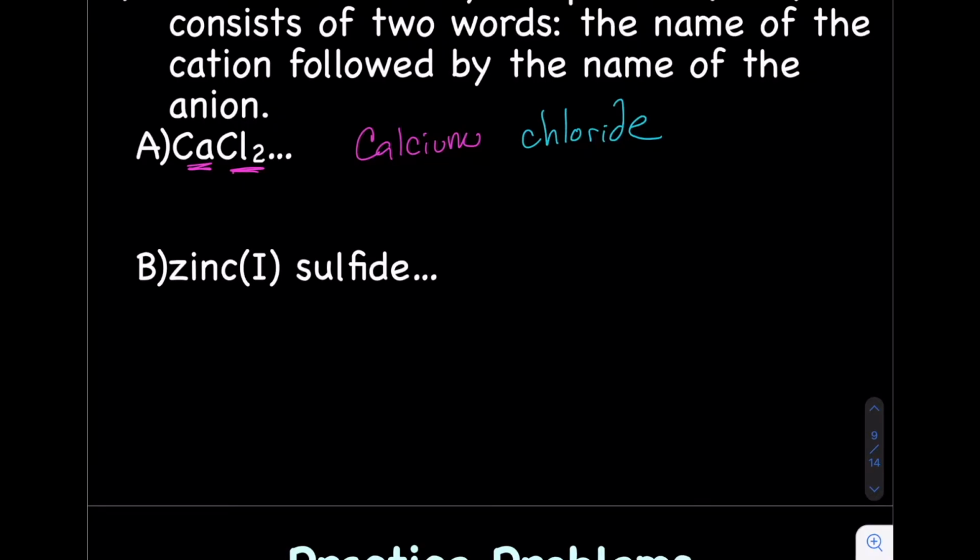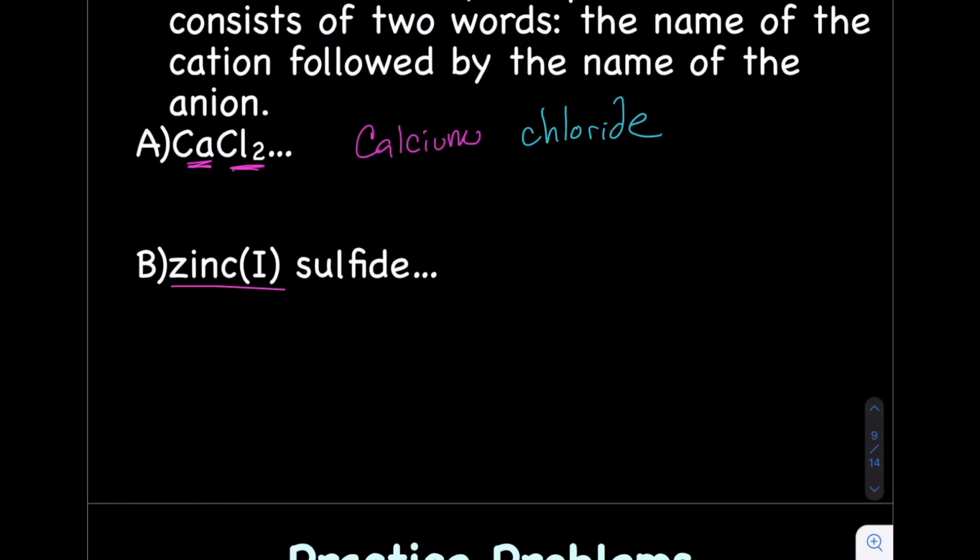All right, now let's try going from a name to a formula. It's very similar to what we've been doing with writing formulas before. It's just I never gave you the official name before. Well, zinc(II). It's got a Roman numeral. That means we know its charge. The charge on zinc is 2 plus.